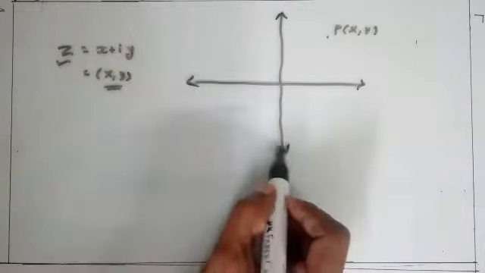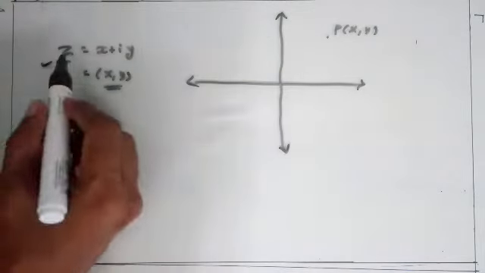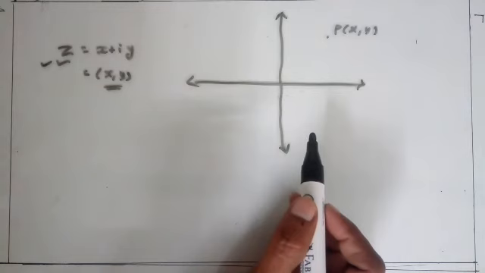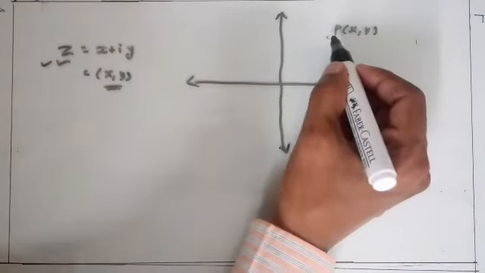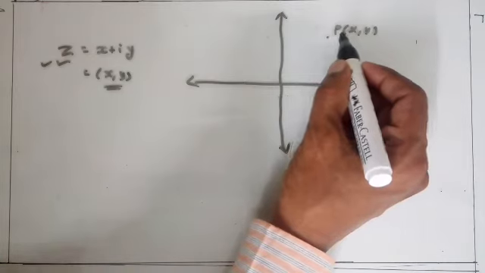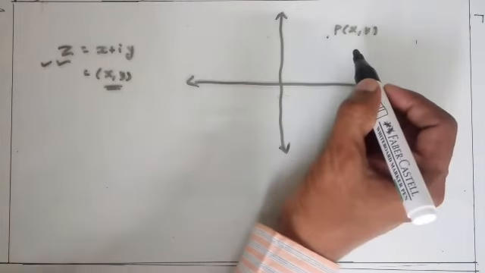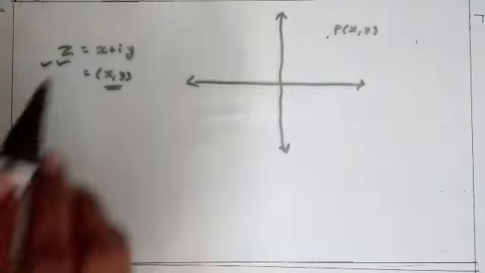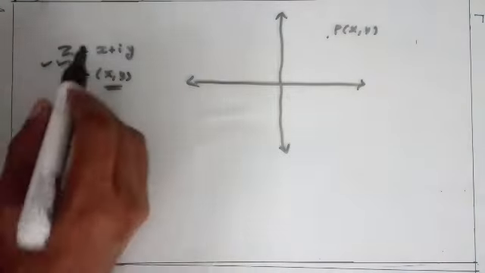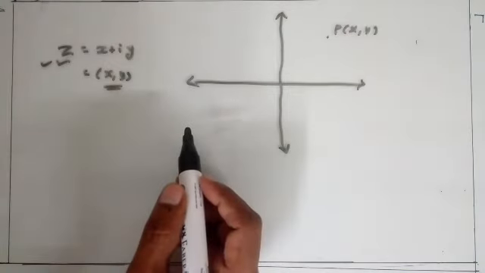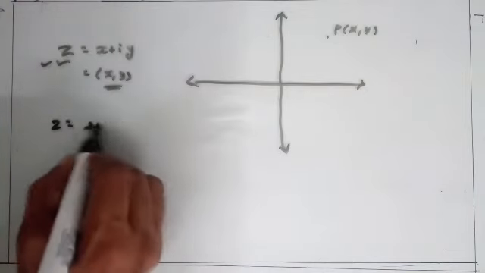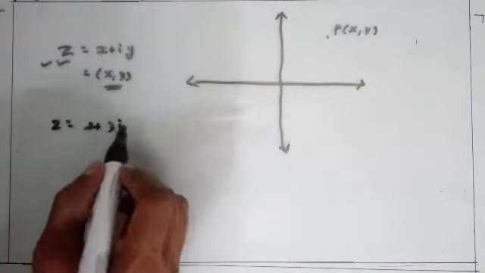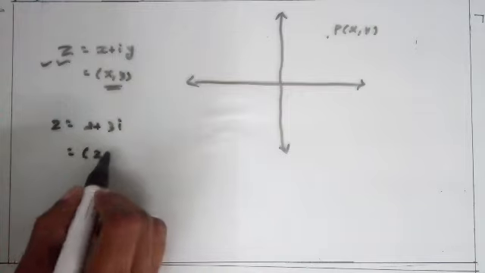A plane which represents complex numbers is called the Argand plane. Clear? In the Argand plane, every point of the plane represents a complex number z = x + iy. Like z = 2 + 3i. So this is the point (2, 3).